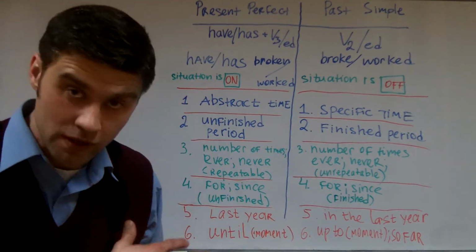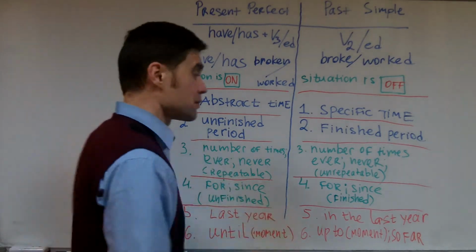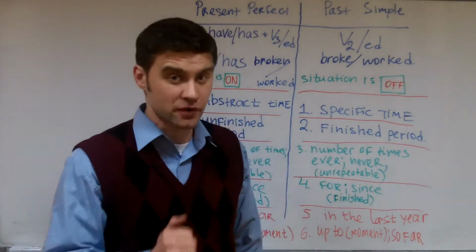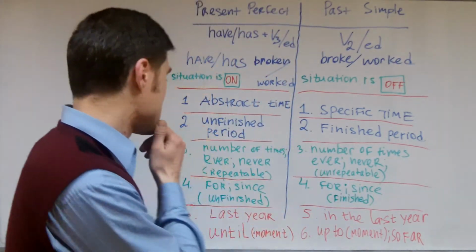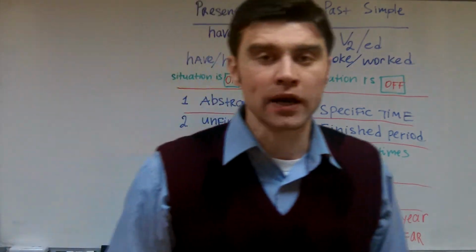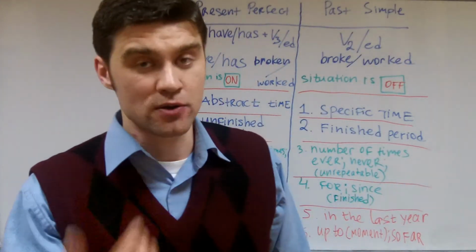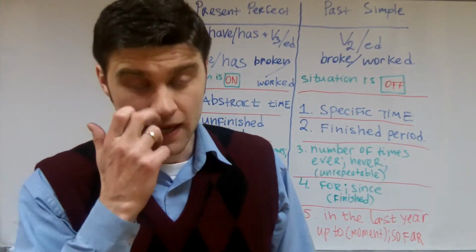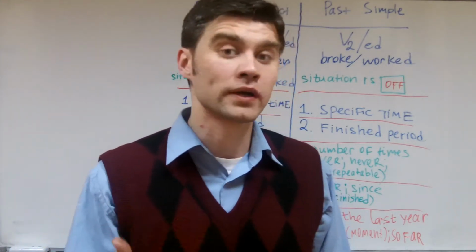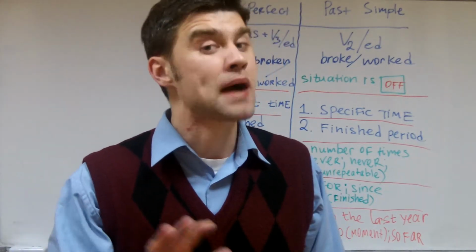Now, for and since with past simple and present perfect. These words can be used with past simple and present perfect as well, but there's a difference. Let's say you started working at some company in 2000 and finished working at that company in 2004, all right? Now you worked at that company for 4 years. Worked. Past simple. Why?